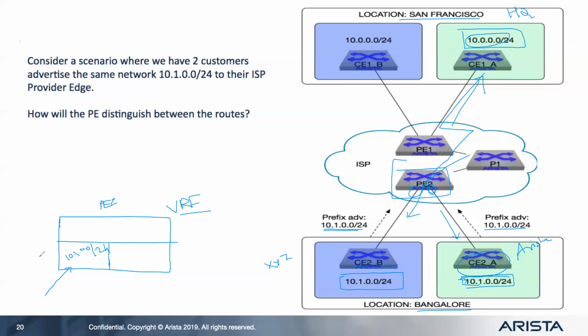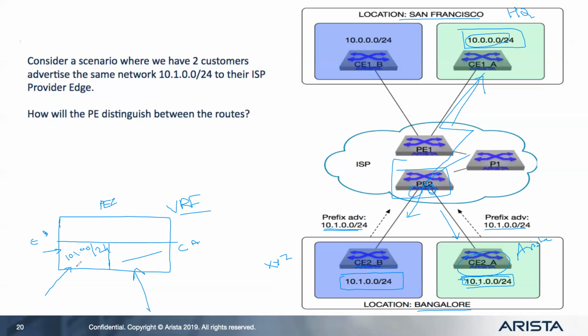So we can say this is customer B VRF. Similarly, this is customer A VRF. Whatever route we receive here will be stored in this customer A VRF. So basically, these are independent routing tables. They are not combined with each other.